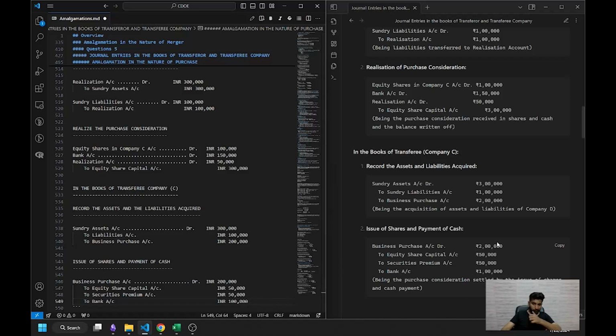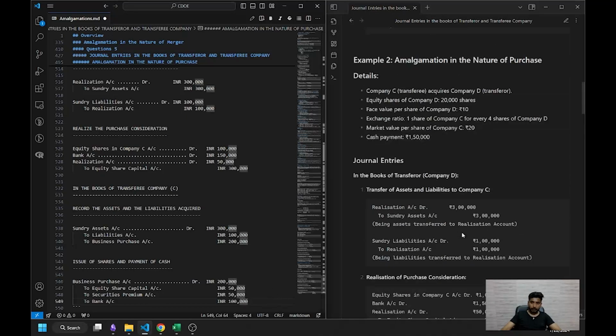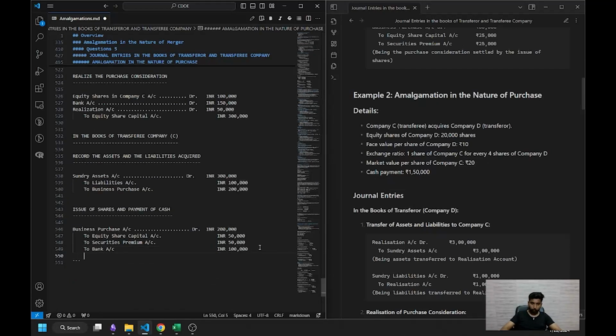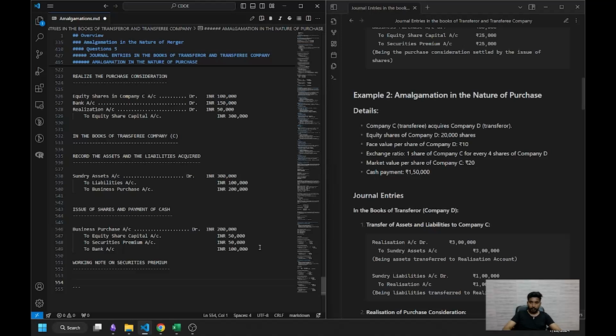Now, if you are having the doubt that how the securities premium of 50,000 came, see, let us just go through the question. We have the market value of rupees 20, working note for, let us just talk about this thing because it is a bit confusing. Working note on securities premium. See, face value per share.